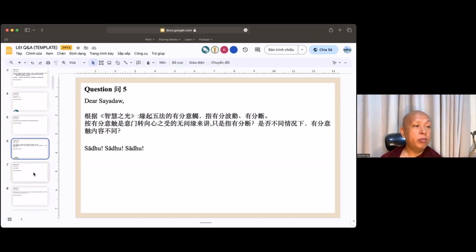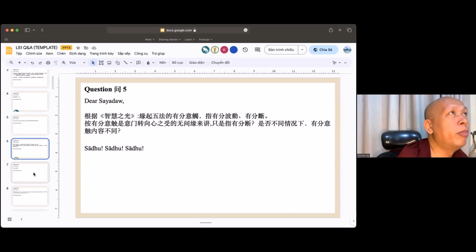Dear Sayadaw, according to the Light of Wisdom or the meditation manual, the Paticcasamuppada fifth method, they are Bhavanga Mano Sampasa. And this Bhavanga Mano Sampasa is also the Bhavanga Chalana and Bhavangupacheda. So this is according to the meditation manual statement.